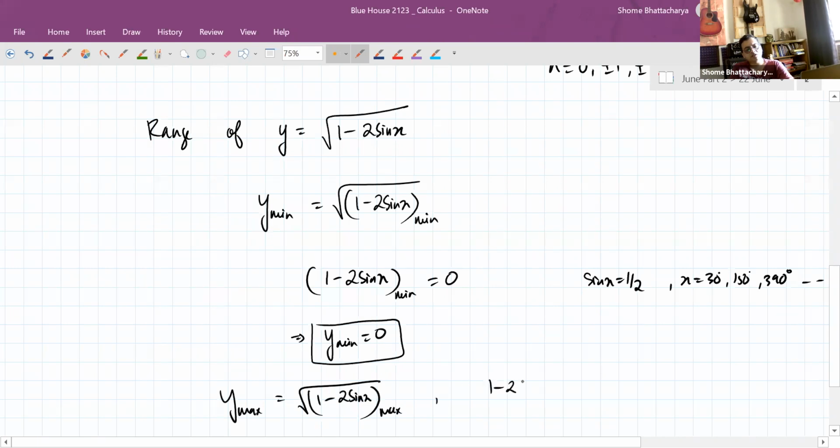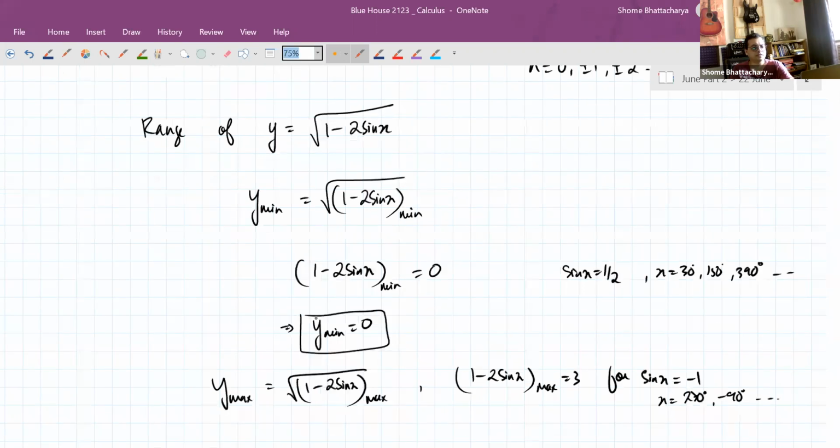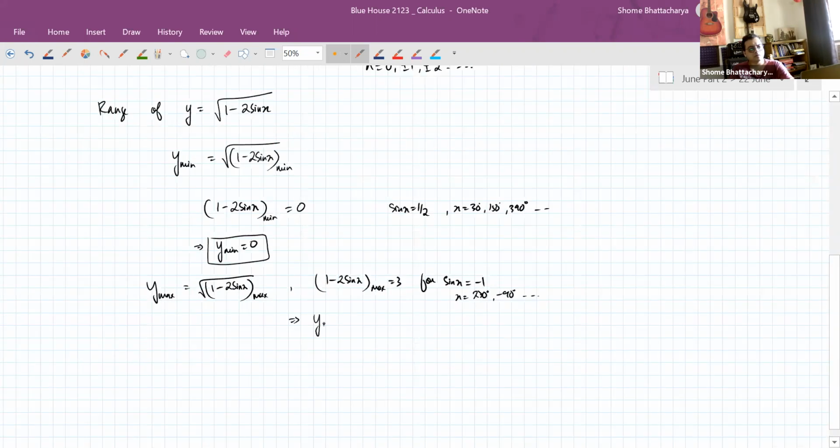And similarly, y's maximum possible value is the square root of 1 minus 2 sine x, this thing's maximum value. Now 1 minus 2 sine x, this one's maximum value will be 3 for sine x equal to minus 1, that is x equal to 270 degrees or minus 90 degrees, and so on. So y's maximum value is root 3.